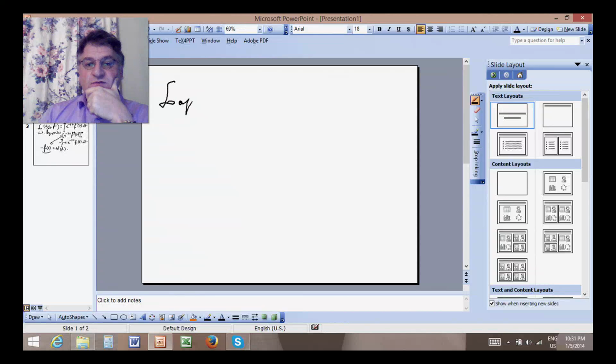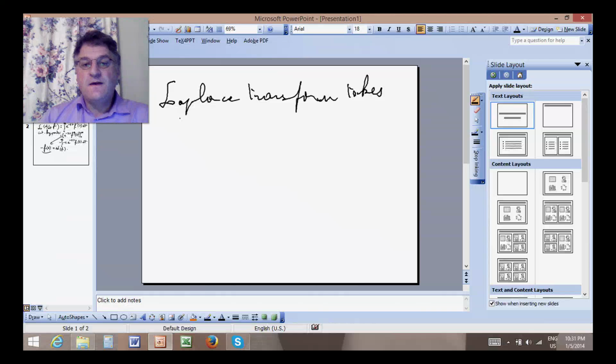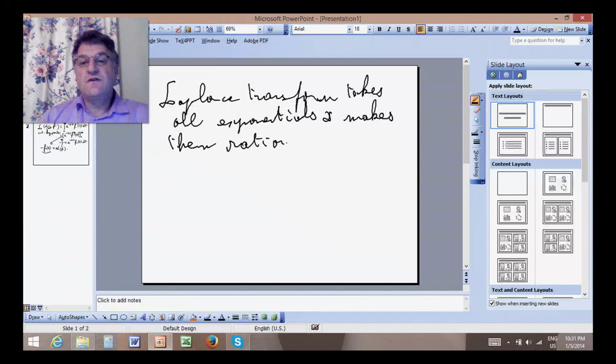In general, the Laplace transform takes all exponentials and makes them rational fractions. Okay, so how does it go?